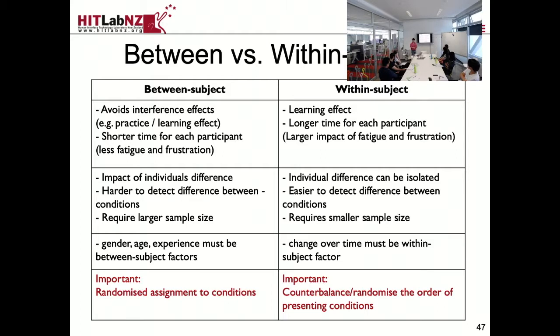And for the third, I'm getting more expert at that task, so it is much easier. So this is a bias, and we call that a learning impact. The learning impact will spoil your experimental result. So what will be the solution?